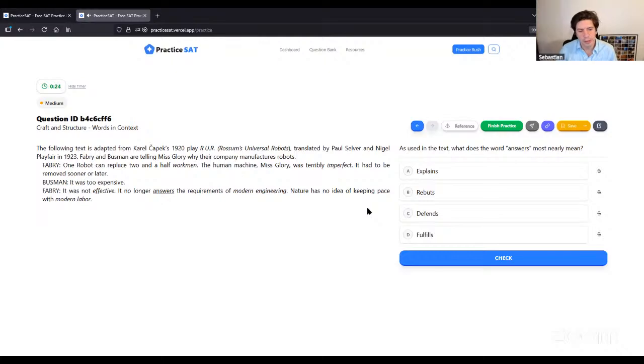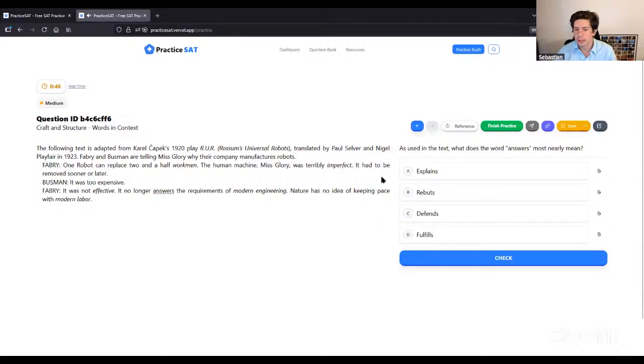Fabry: One robot can replace 2.5 workmen. The human machine, Miss Laurie, was terribly imperfect and had to be removed sooner or later. Busman: It was too expensive. Fabry: It was not expensive. It no longer answers the requirements of modern engineering. Nature has no idea of keeping pace with modern labor.